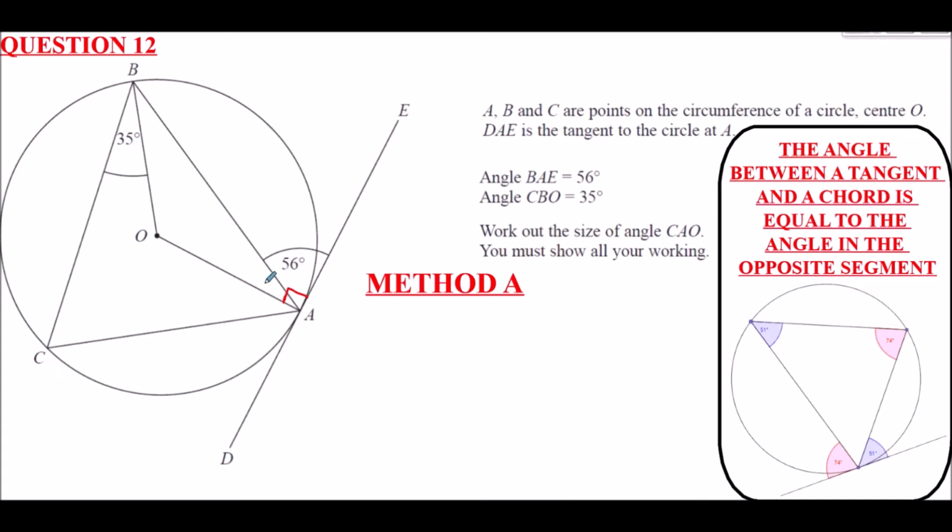Okay, so we could say, for example, OAE is 90 degrees. Okay, so if we wanted to, we could write down the reason for that. So it's tangent is perpendicular to the radius where they meet.